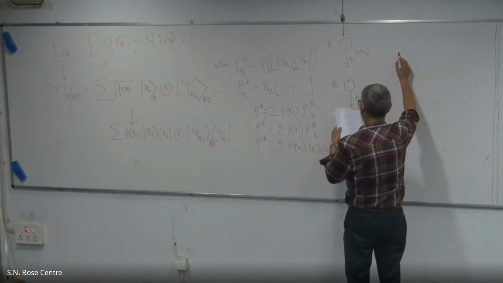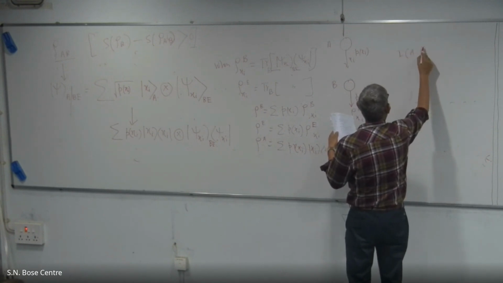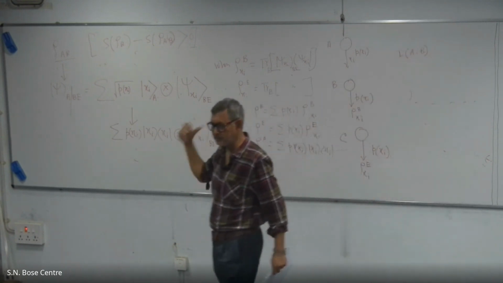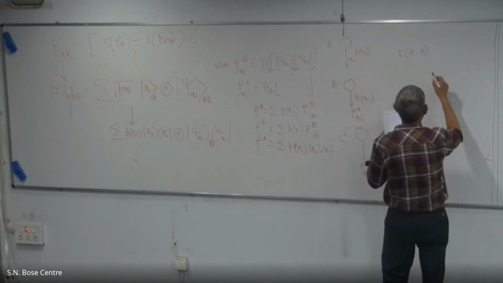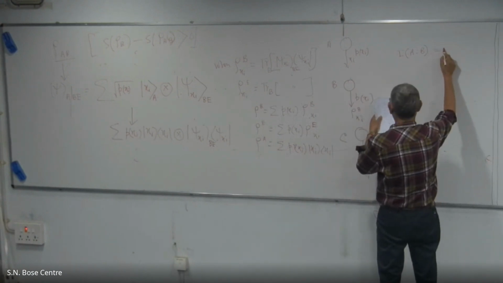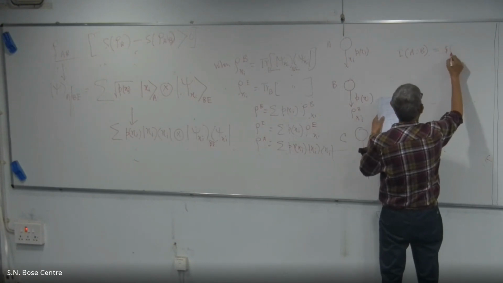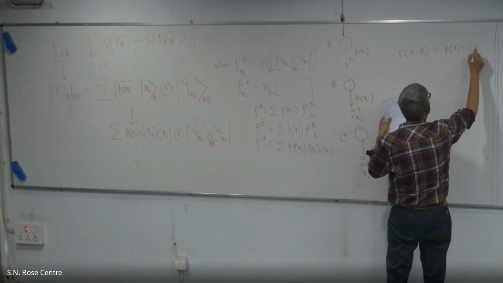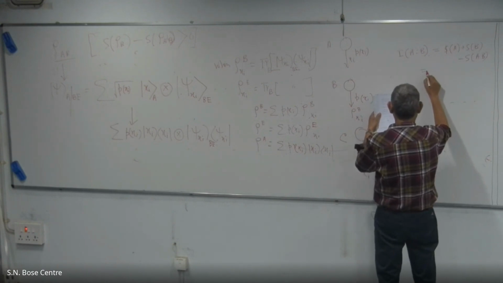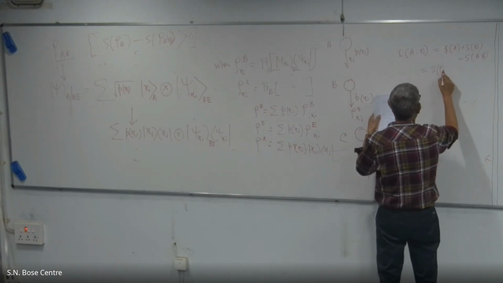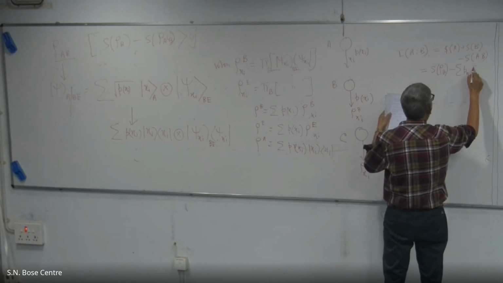If you calculate this, it is called quantum mutual information: S of rho A plus S of rho B minus S of rho AB. If you calculate this quantity, it will finally come out as S of rho B minus the sum of Px S of rho Bx.